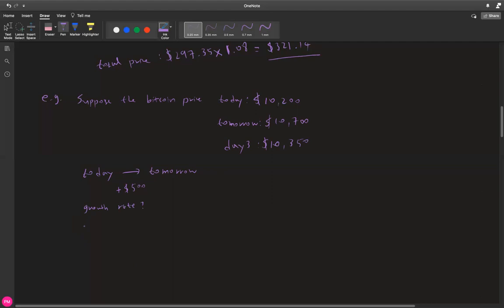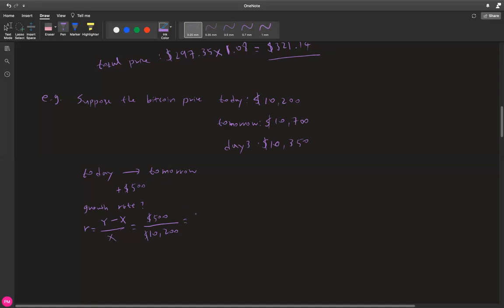Remember how, in growth rates, we calculated the final value minus the baseline, divided by the baseline. Here we can see that the difference between $10,700 and $10,200 is $500, and you're simply dividing it by the baseline, $10,200.